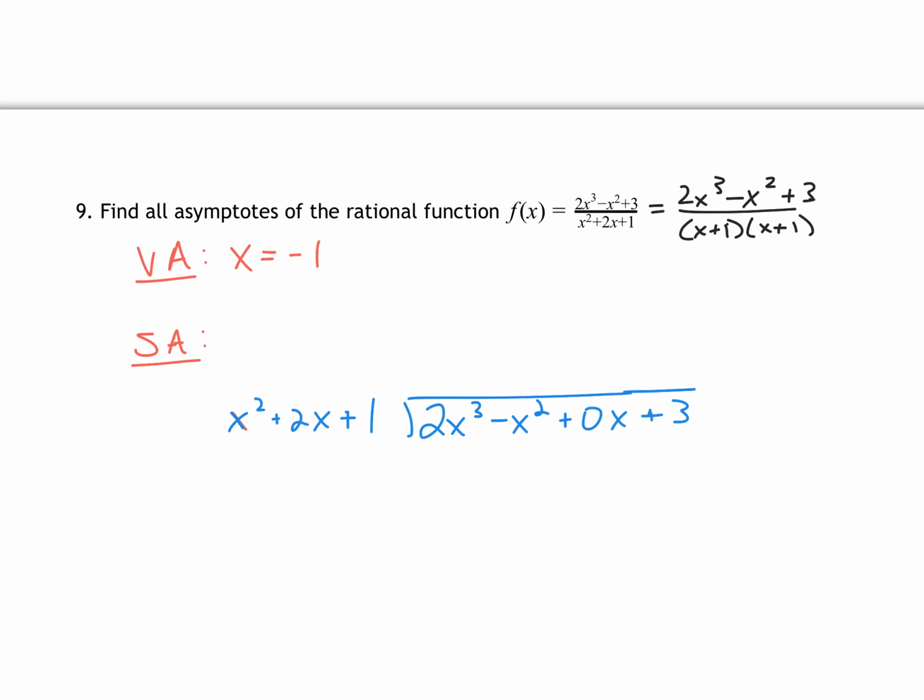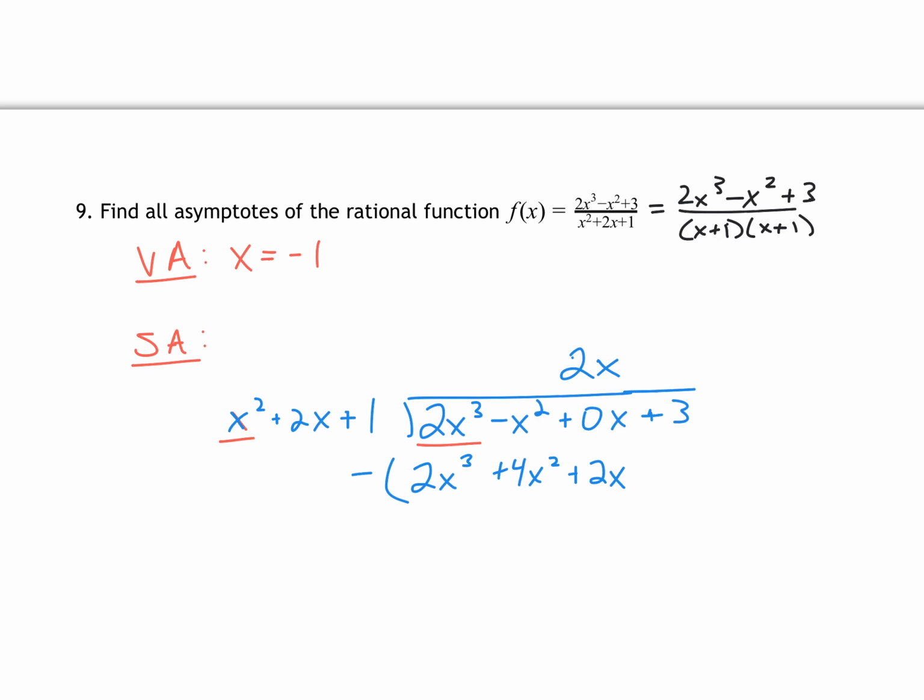And remember, it's the 2x cubed divided by x squared. That gives me 2x. Multiply 2x back out in front. When I multiply it, I get 2x to the third, plus 4x squared, plus 2x. I multiplied it out to all three of these.